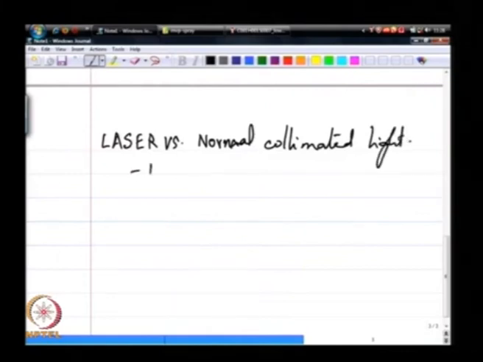So, the first thing is that a laser is monochromatic. Typically lasers are monochromatic, that is, all the photons that make up the light are of the same wavelength, unlike normal white light illumination. Now, you could also get monochromatic torch lights that are of a very narrow wavelength spread.